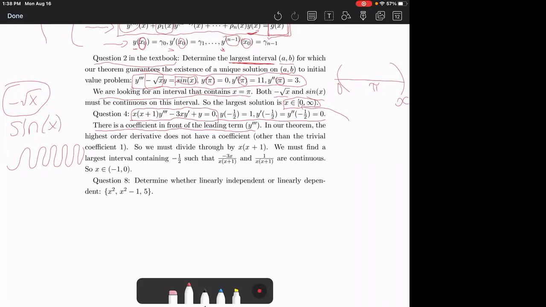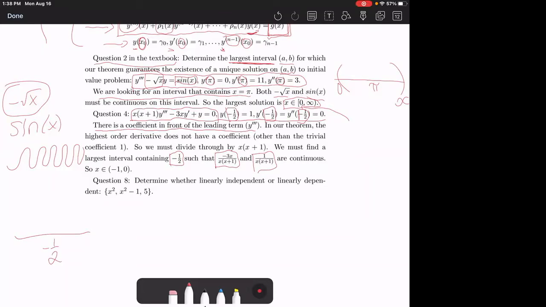So now we must find a largest interval that contains -1/2. That's the value that we plugged in. That's our x naught value. Such that -3x over x times x plus 1 and 1 over x times x plus 1 are continuous. So it must contain -1/2.